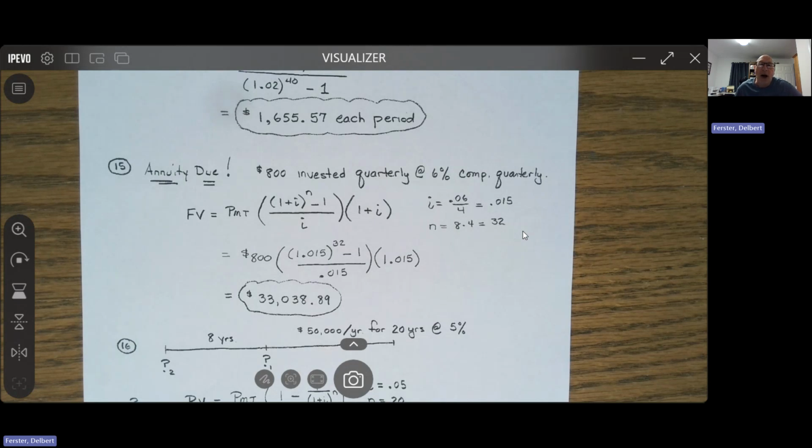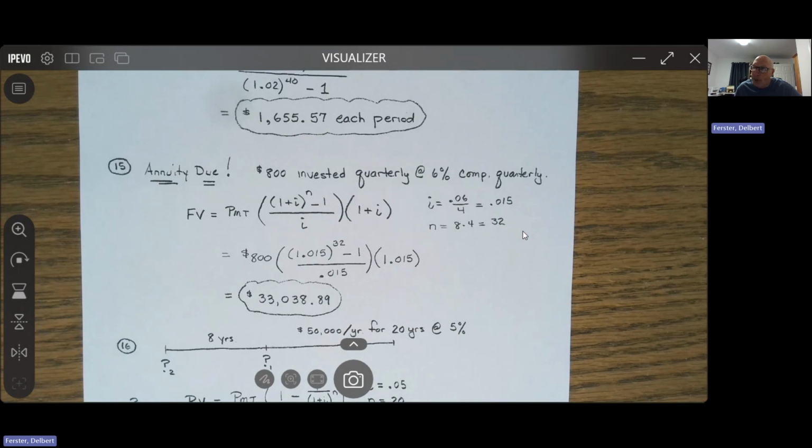All right, so $800 is going to be invested quarterly at 6% compounded quarterly. So we're looking for a future value on this annuity due. All right, so 800 is your payment amount. The I value is the 6% cut by 4, at 0.015. Number of compounding periods, again, it's quarterly, so 4 for N, 8 years, so 32 compounding periods.